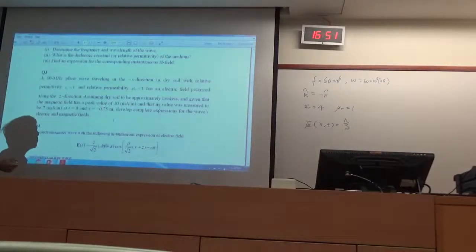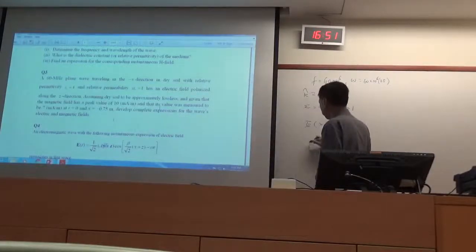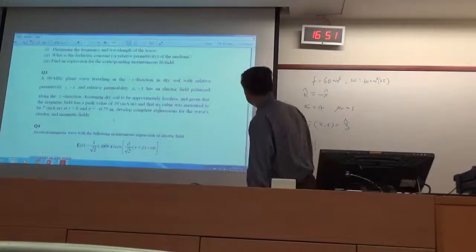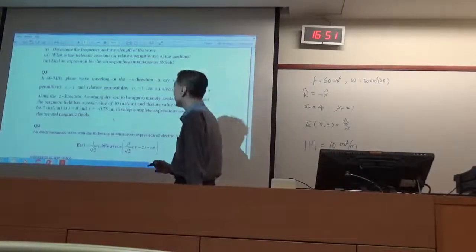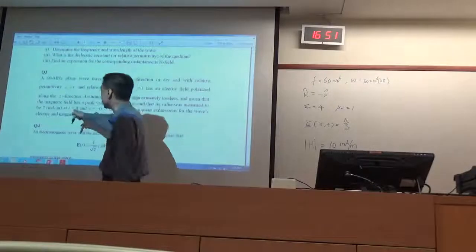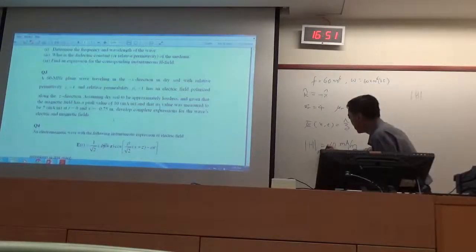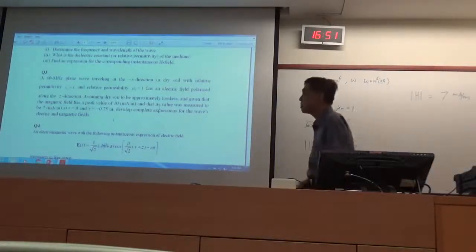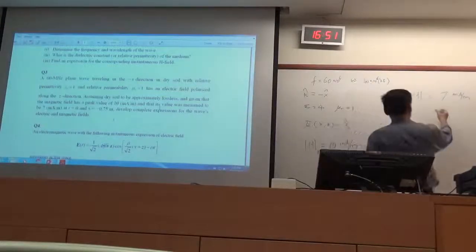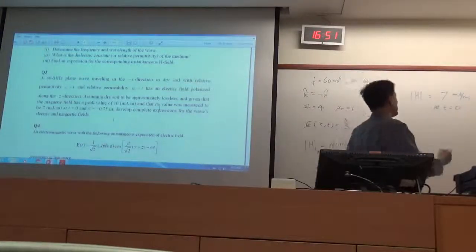Assuming dry soil to be approximately lossless, and given that the magnetic field has a peak, H maximum equal to 10 milliampere per meter, and that its value was measured to be 7 milliampere per meter at t equal to 0 and x equal to minus 0.75.